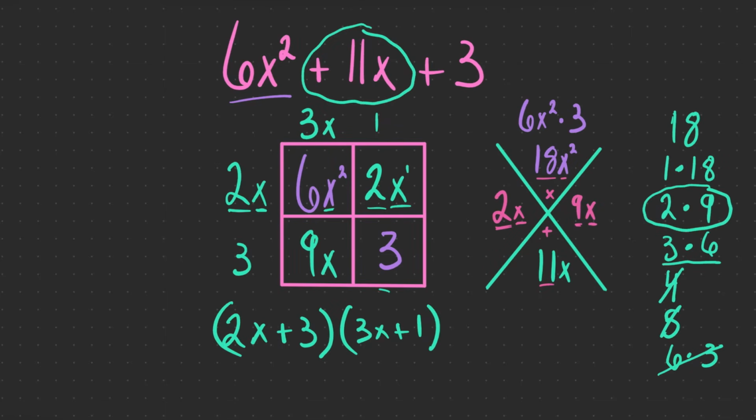And those are your factors, and that is how you factor a trinomial. I have yet to find a trinomial that this method does not work on, and this is the reason why I like to use it, because I know I can rely on it to work every time. And if it doesn't work, usually it's either one, you might have made a mistake, or two, it's not factorable.